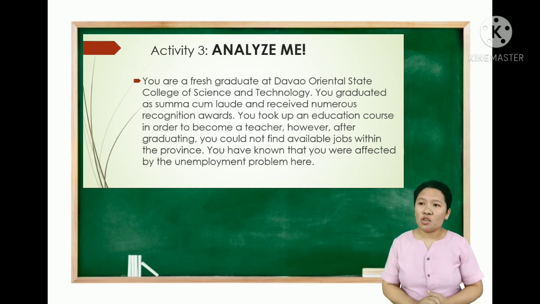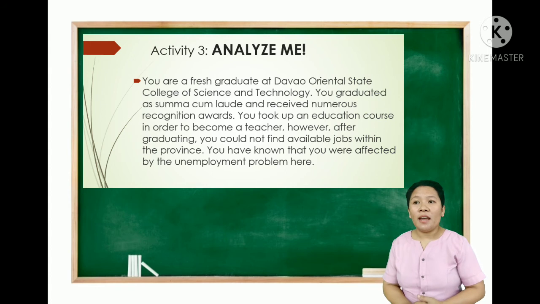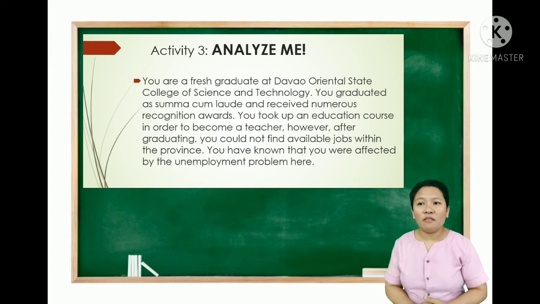You are a fresh graduate at Davao Oriental State College of Science and Technology. You graduated as summa cum laude and received numerous recognition awards. You took up an education course in order to become a teacher. However, after graduating, you could not find available jobs within the province.